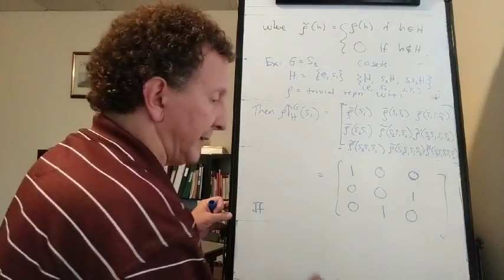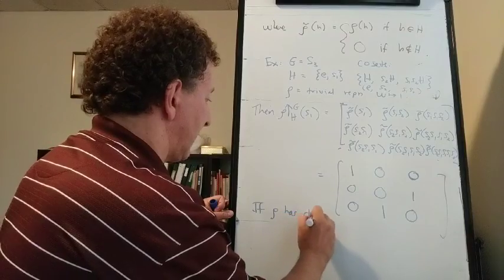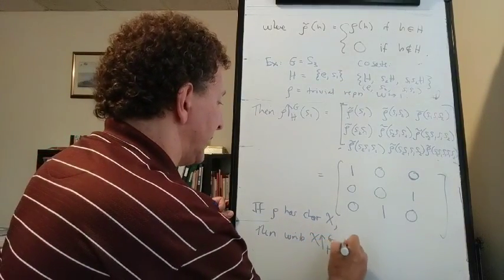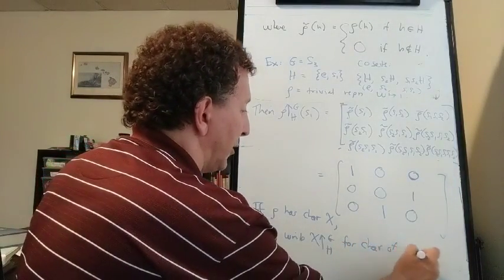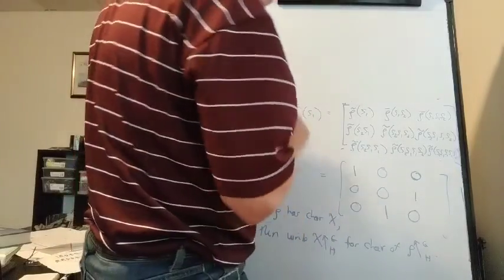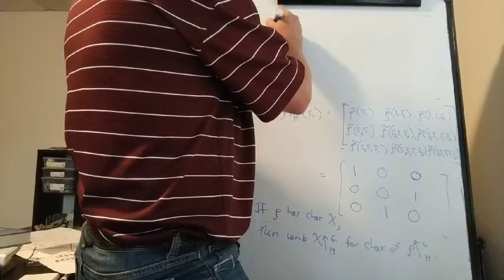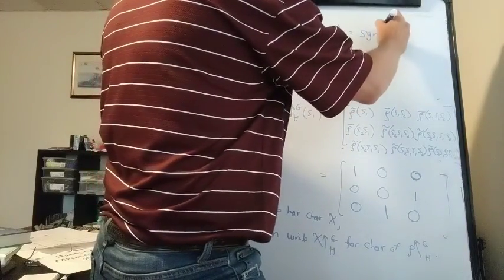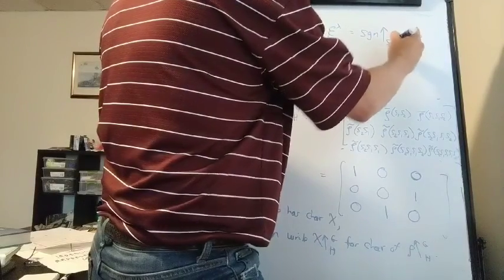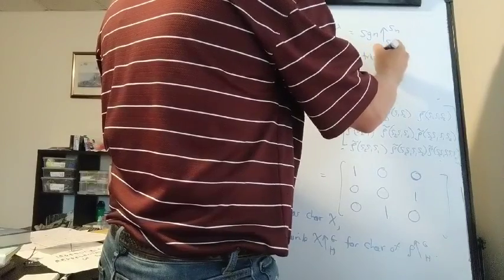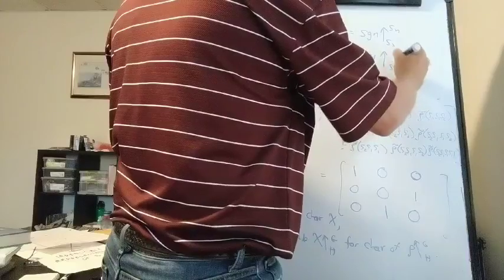Now if rho has character chi, then we write chi up arrow from H to G for the character of rho up arrow from H to G. Two important cases of that are: write epsilon lambda for the sign character induced from the Young subgroup S lambda up to Sn, and we write eta lambda for the trivial character, which is what we just did, induced from S lambda up to Sn.